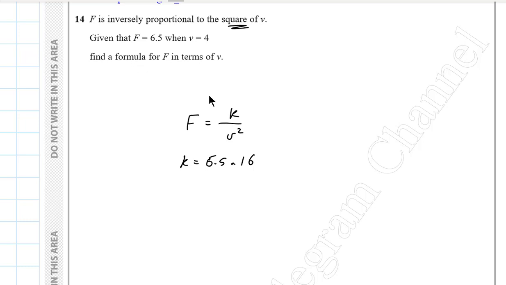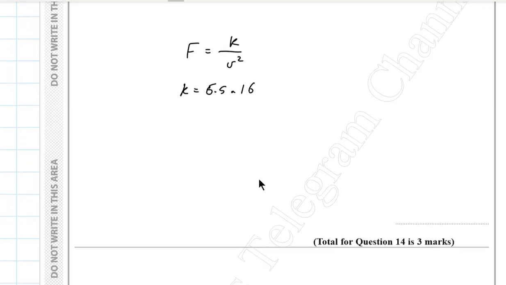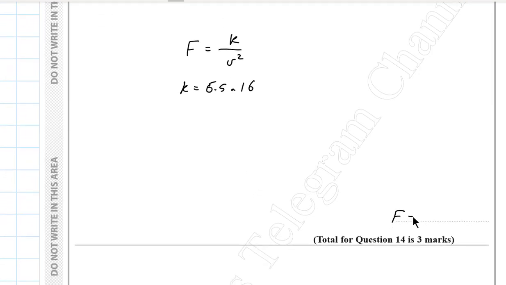The question said find a formula for F in terms of v, so we can write F equals 104 divided by v squared.